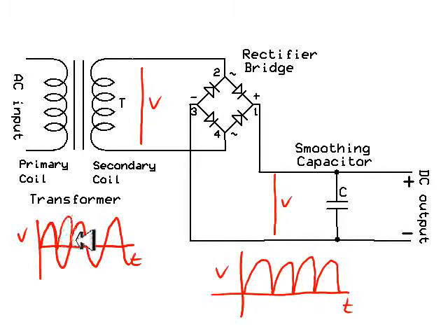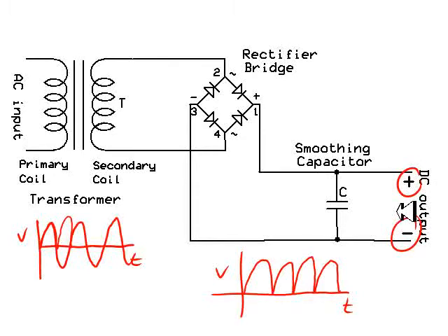Now our last thing we need to talk about here is the smoothing capacitor. We don't want our voltage graph to look like this. This is, although one wire is always positive, the other wire is always negative, a pulsating DC.